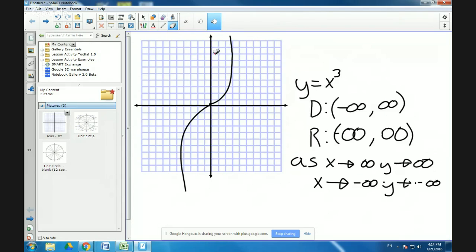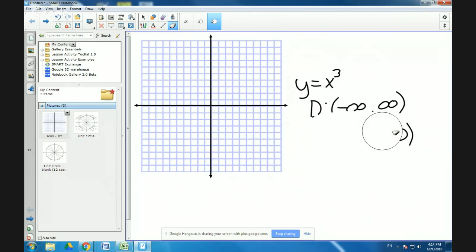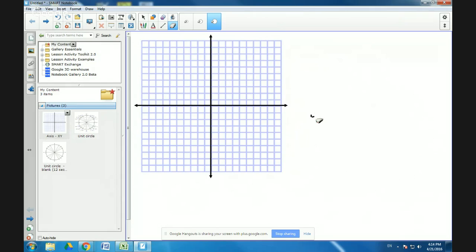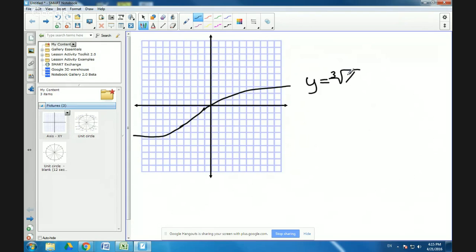And the next graph I'll show is the cube root. The cube root looks something like this. Roughly, it is the inverse of a cubic, and that will look like the cube root of x.